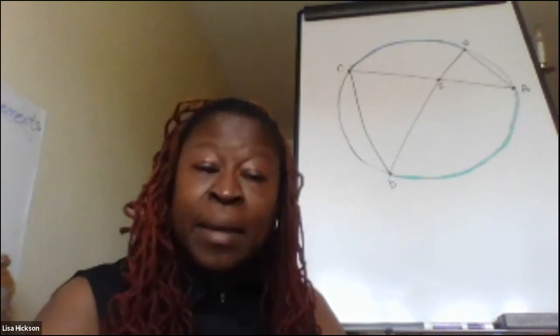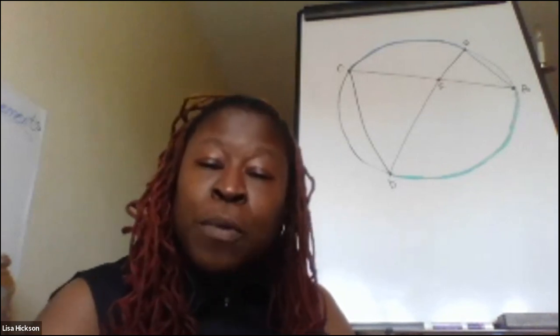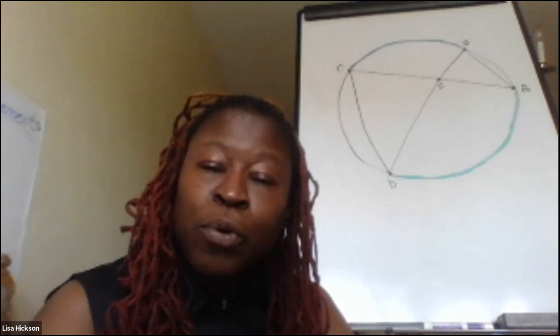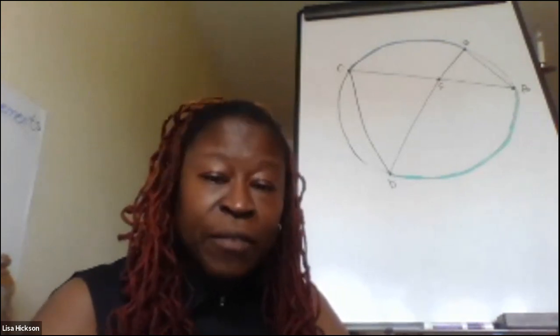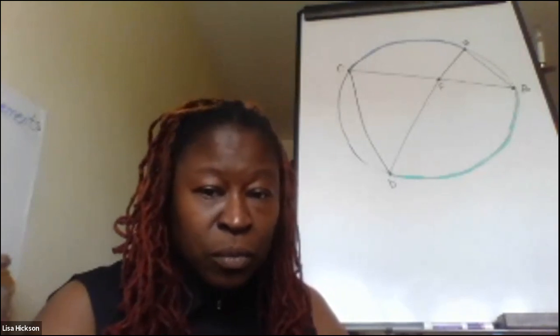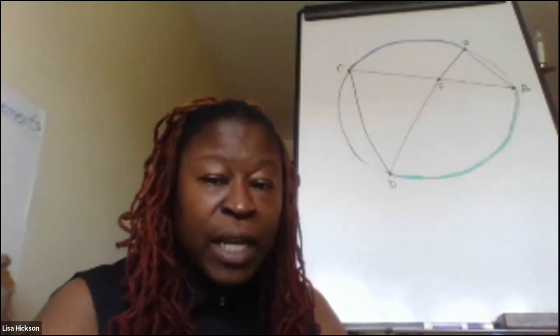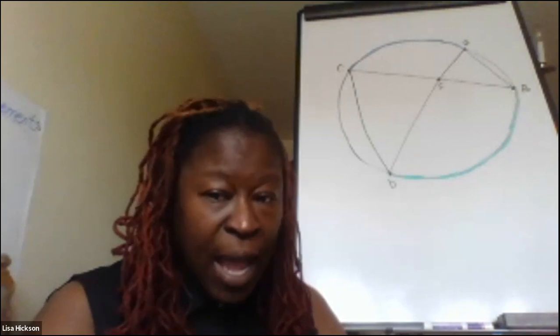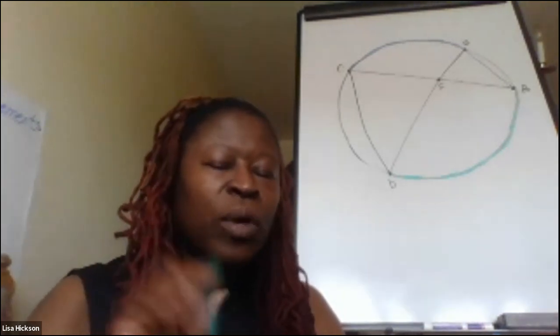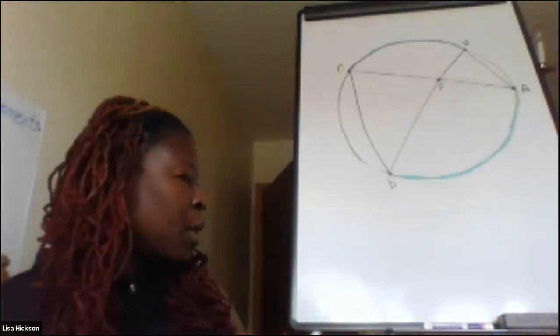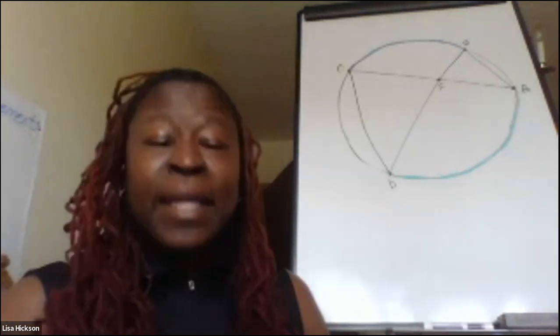So I said, a way you can prove them similar is to prove that the three angles in the left triangle equal the three in the right triangle. Okay? And now, also a little hint.